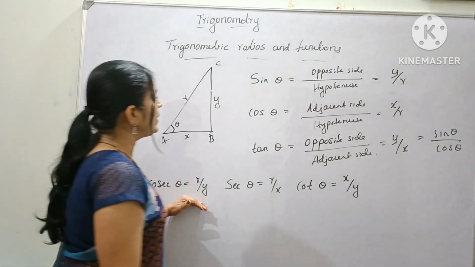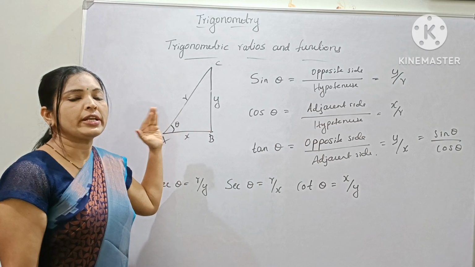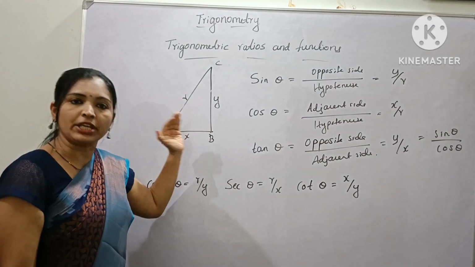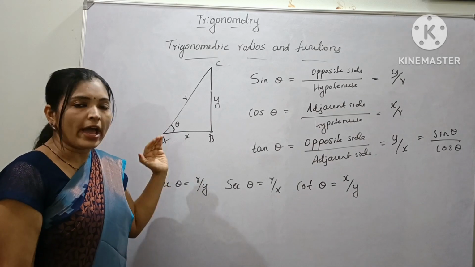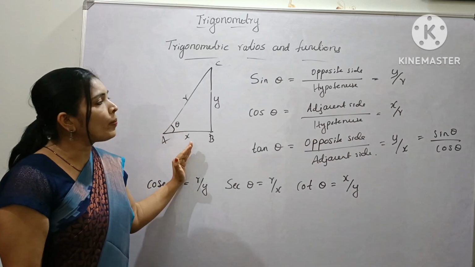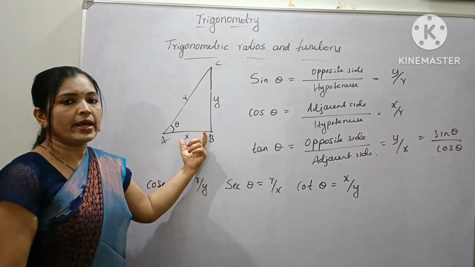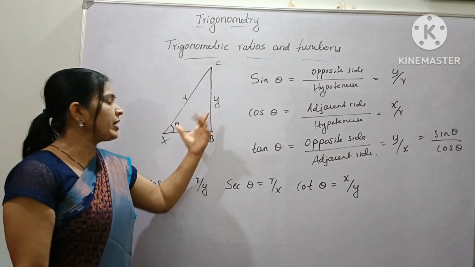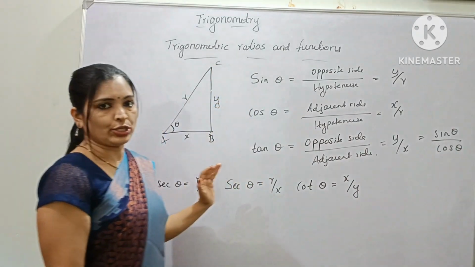Now, if two sides of a right angle triangle are given, then we can find the values of all trigonometric ratios.